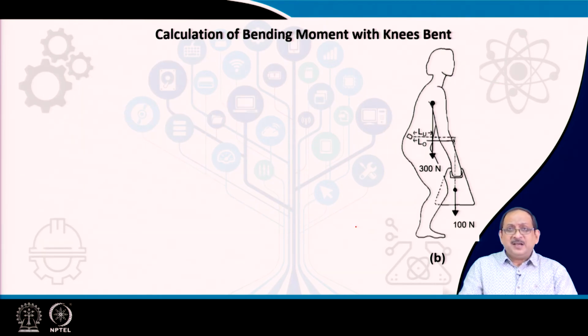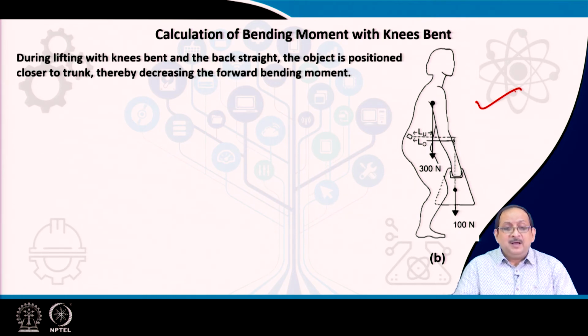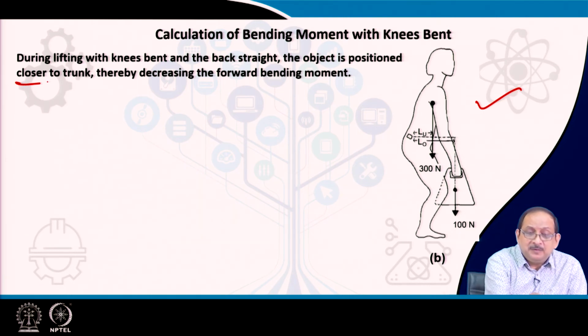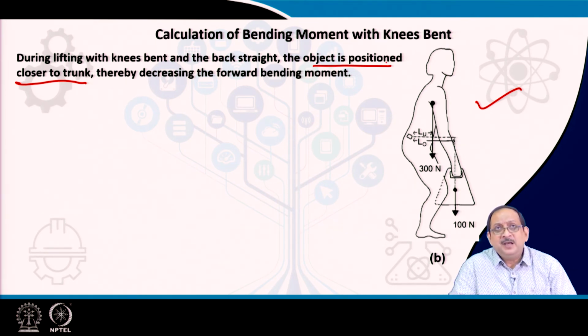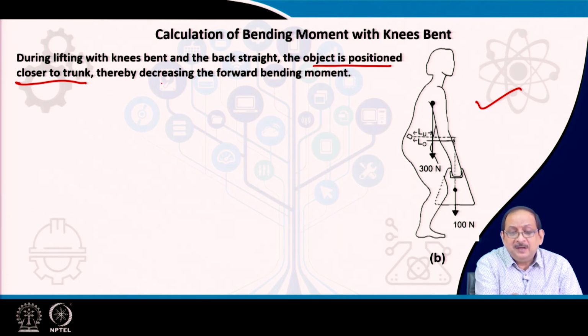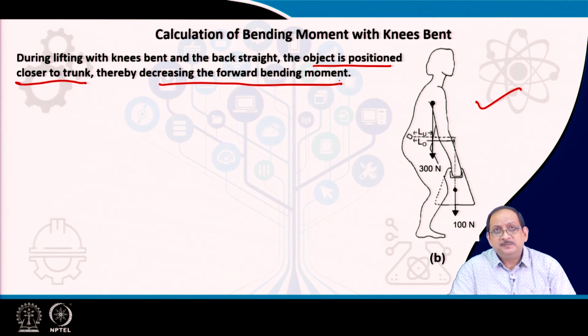Now, for the second case with knees bent and back straight, it is much more in an erect position, but the knees are bent. The object is positioned closer to the trunk. This is a very important position, thereby decreasing the forward bending moment.